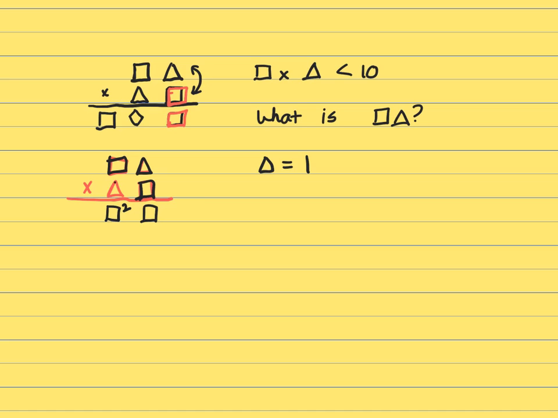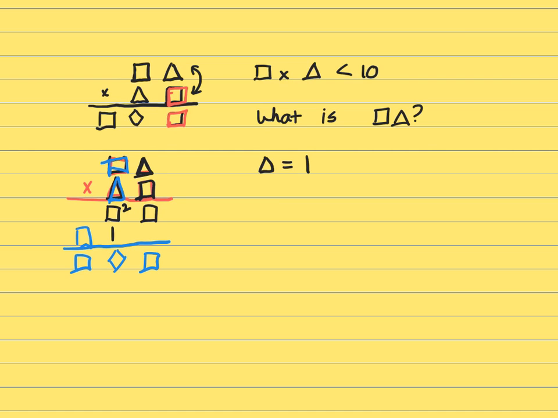And we know triangle is 1, so triangle times triangle is 1. And triangle times square is square. And then we add these, and we know that this gives us this and this.